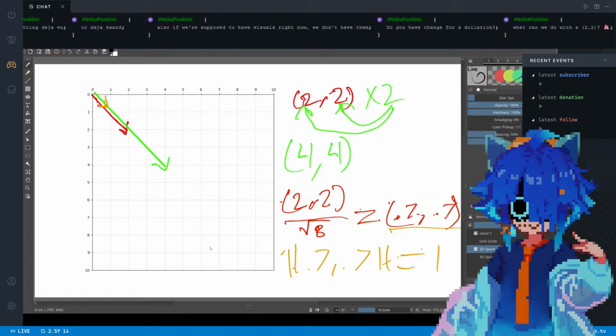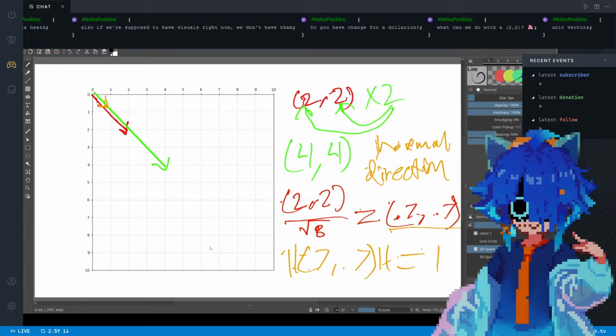We call these special vectors with a length of 1 either normal vectors or direction vectors, because they're useful for telling us the direction of something. If we multiply our little boy here by some number, so we scale him up to be longer, we wind up with a vector of that length pointing in that direction, hence the name direction vectors.